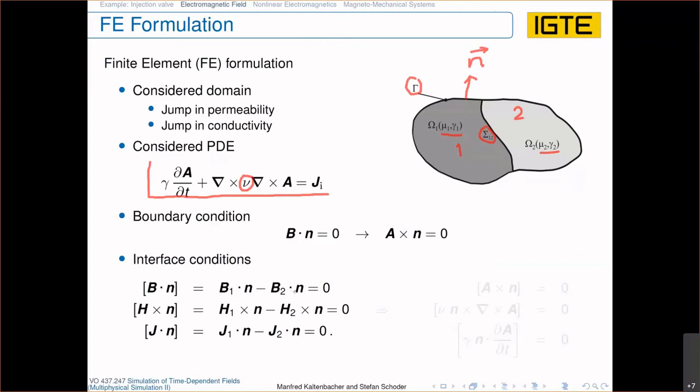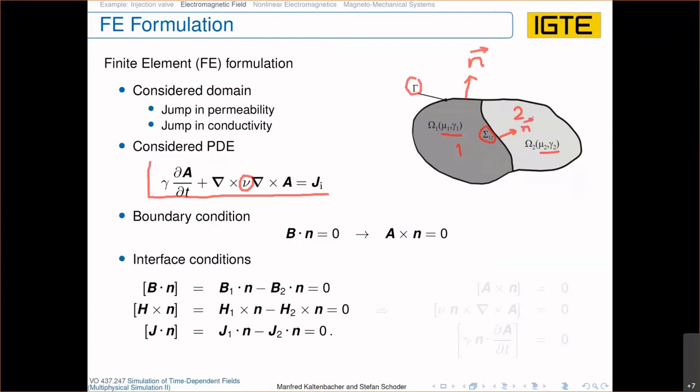The minus comes in this sense: if you look at subdomain omega 1, then along this common interface, this will be the normal vector because it's always pointing out, and we call this, let's say, the normal vector n.